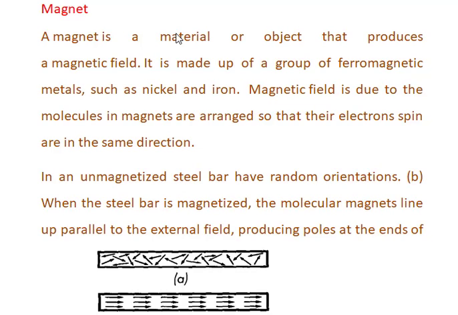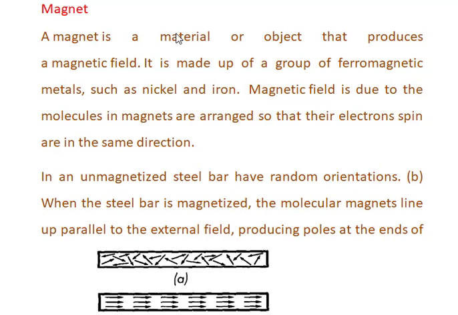This magnetic field is produced from the magnetic dipoles, that is the molecular field, the molecules present in the magnetic material. The magnetic field is due to the molecules, the molecular magnets. The molecules are arranged so that their electron spins are in the same direction.